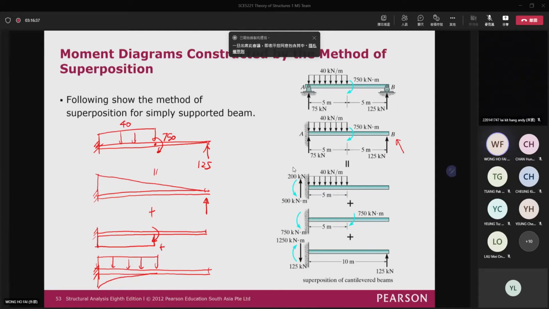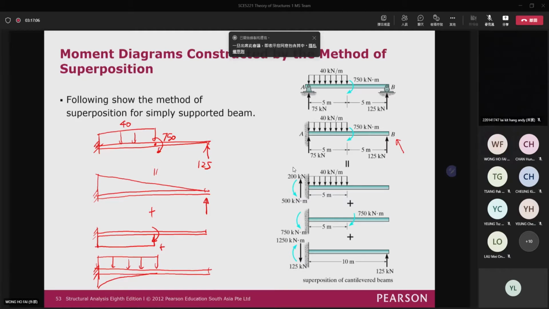So if you encounter some very difficult cases, you can decompose your bending moment diagram into several simpler cases, and for those, you can draw the bending moment diagram easily. Then you just add them together, and that makes your life easier.